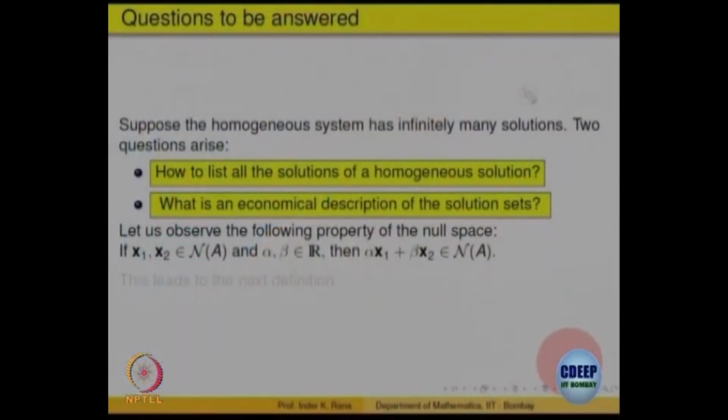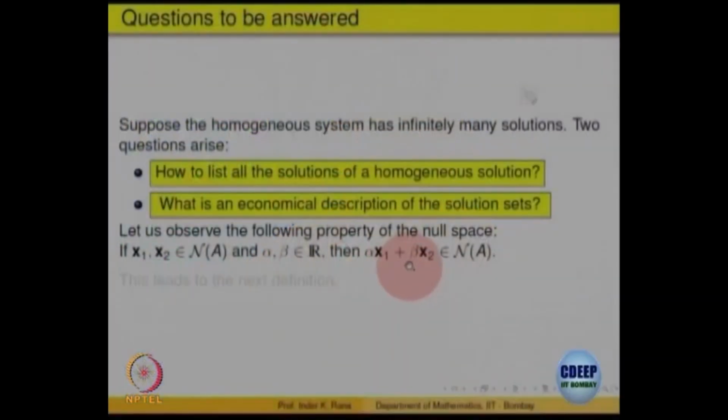So, let us observe something: if x1 and x2 are solutions of the homogeneous system Ax = 0, then alpha x1 plus beta x2 also is a solution. That means Ax1 = 0 and Ax2 = 0, and the claim is that alpha x1 plus beta x2, where alpha and beta are any scalars, is also a solution, because if I multiply by A, then what is the product?